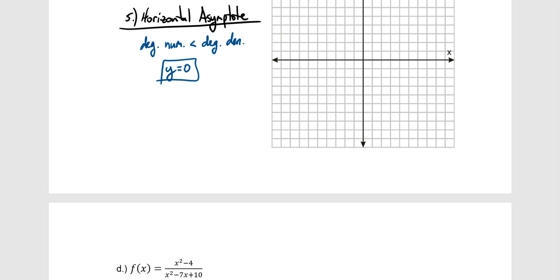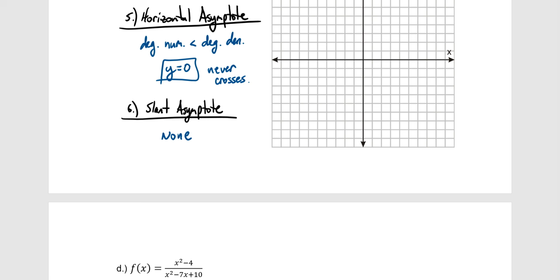You would see that the variables cancel once again, and you just end up getting the simplified numerator, 1, equal to 0. So you get 1 equals 0, which is a false statement, which just means it never crosses the horizontal asymptote. And we know that there is no slant asymptote because we can't have both horizontal and a slant.